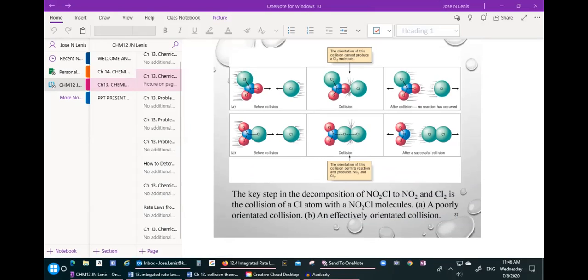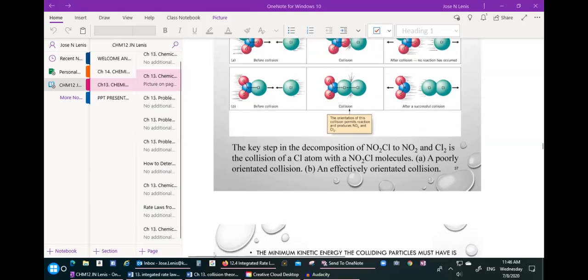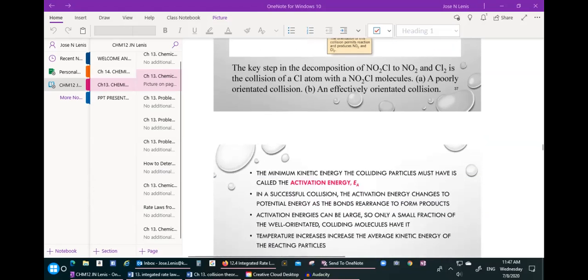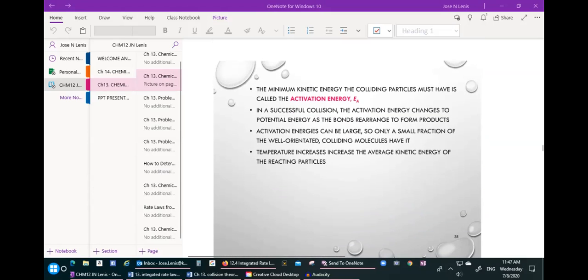So the right orientation for the collision and the right amount of kinetic energy are two important factors to produce the effective collision. The minimum amount of kinetic energy that these particles must have is called activation energy, E sub A.